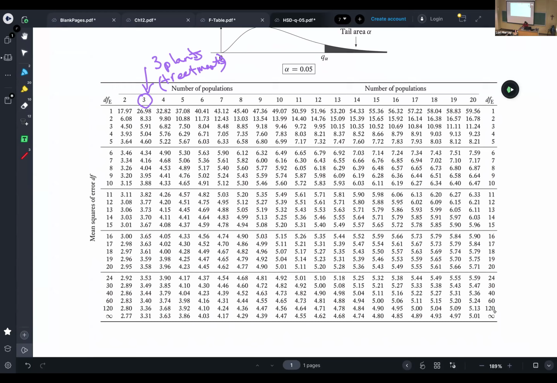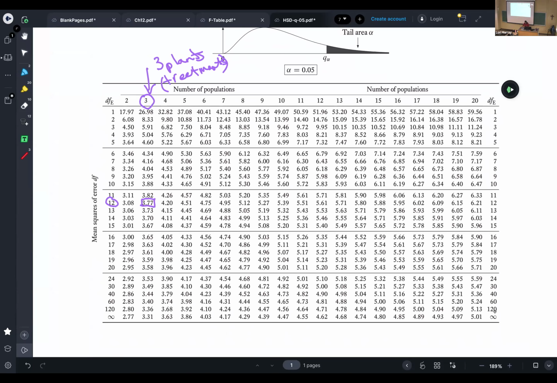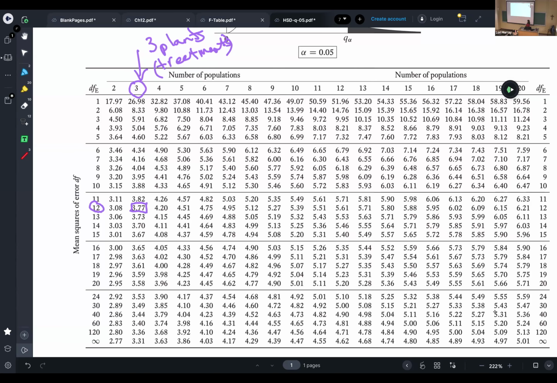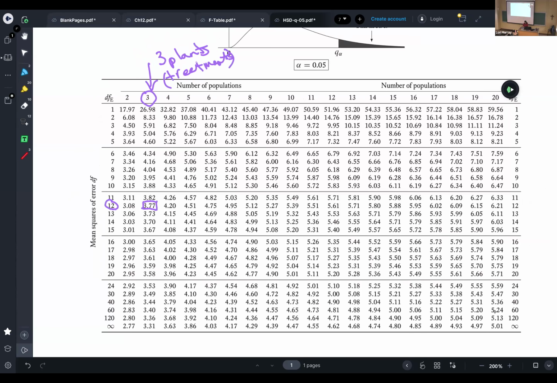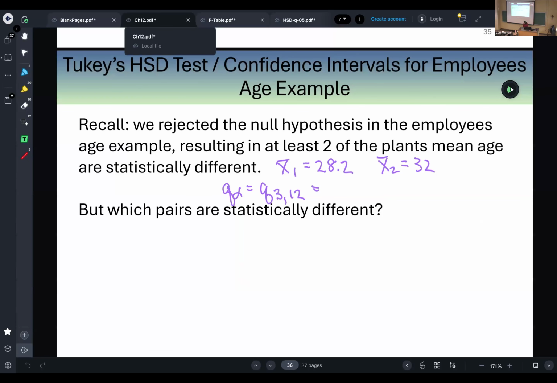And the bottom one is going to be the mean square error degrees of freedom, which is 12. So it ends up being 3.77. Right, 3.77, that's our value that goes into our confidence interval.